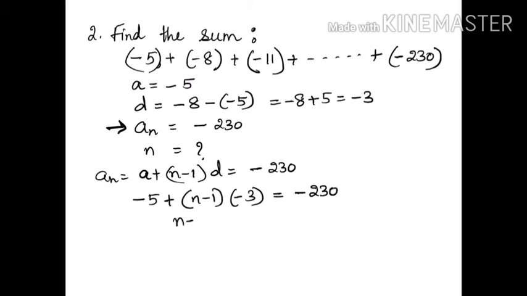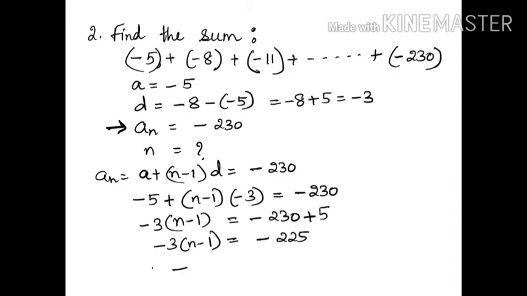So (n minus 1) times minus 3 is equal to minus 230 plus 5, which is minus 225. So n minus 1 will be equal to minus 225 divided by minus 3, which is equal to 75.